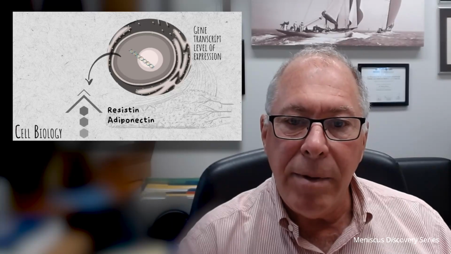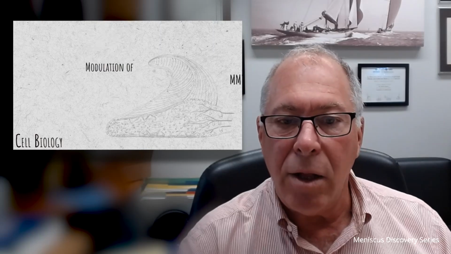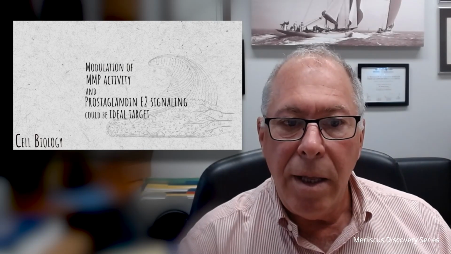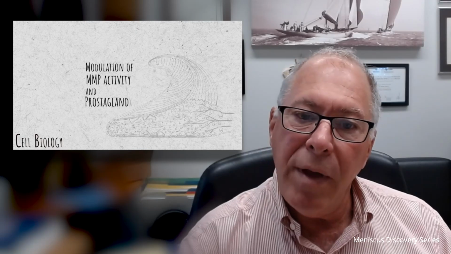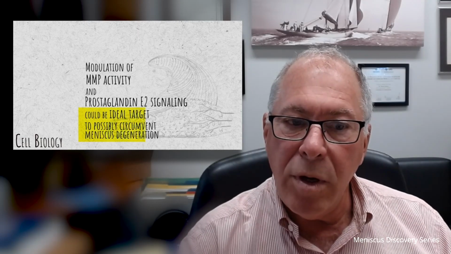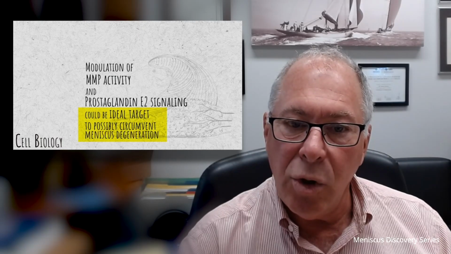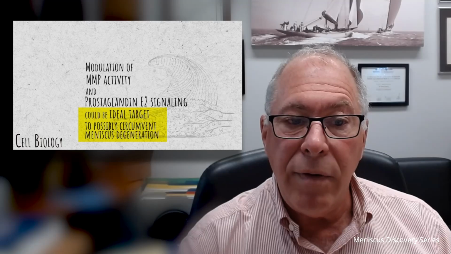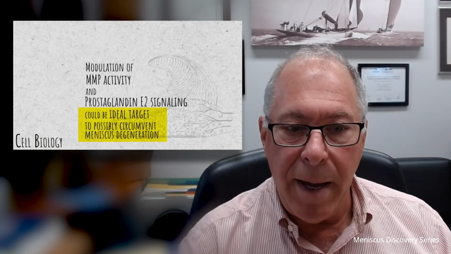Other studies have demonstrated that MMP1, 3, and ADAMTS4 are elevated, and expression levels of TIMPs, tissue inhibitors of metalloproteinases, are suppressed in a goat model of meniscus injury. These findings suggest that modulation of MMP activity, prostaglandin E2 signaling, or both could be ideal targets to possibly circumvent meniscus degeneration, delay or prevent OA development, and promote tissue repair.